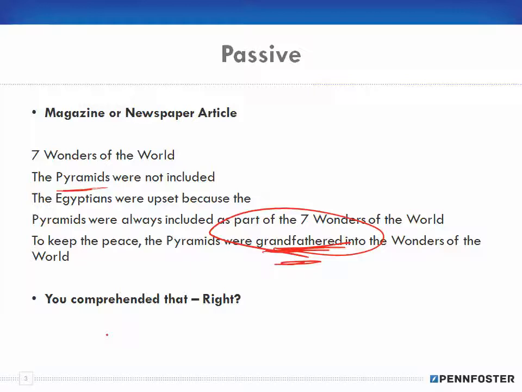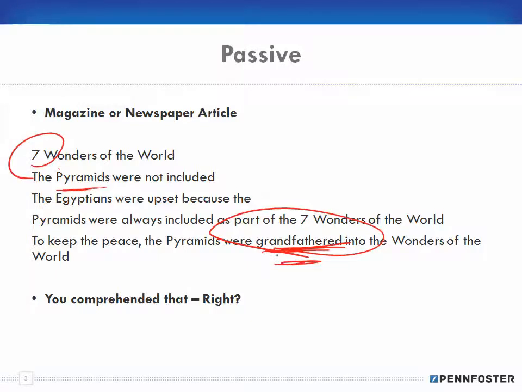If I were just memorizing this and I had a question on a test that said how many wonders of the world are there? A is 7, B is 8, C is 3, D is 4. If you just read over this in a passive manner and didn't think or question, you probably would have answered 7 and gotten the question wrong.